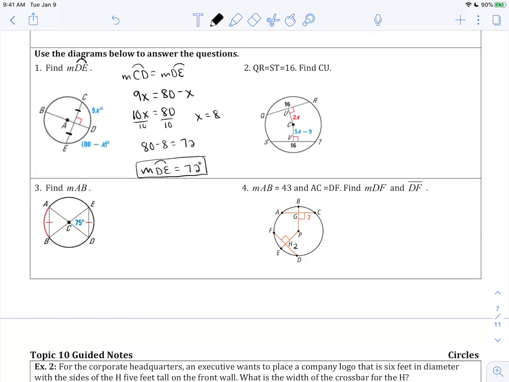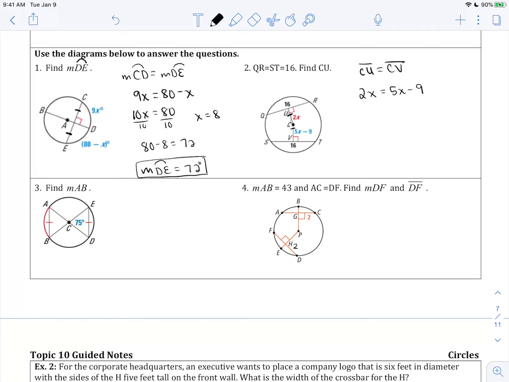Okay, well, I see that both these chords are equal, right? And this distance CU and CV, those are perpendicular. So it means CU equals CV, right? So then we can say 2x equals 5x minus 9.